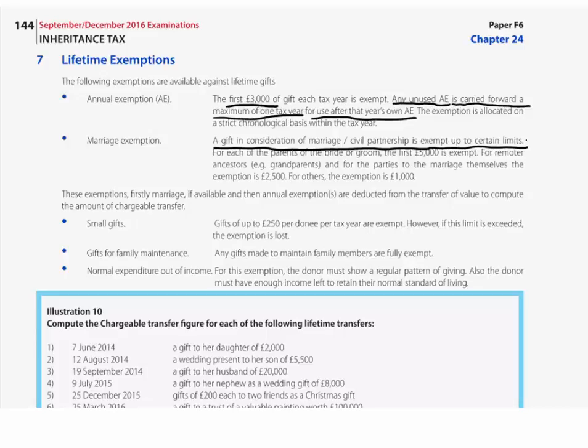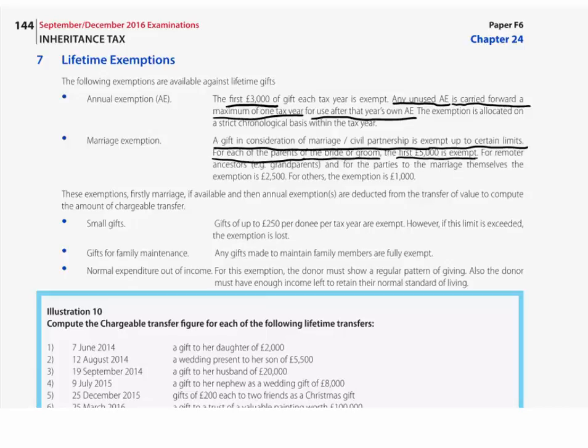Now, this will depend on the relationship of the donor to the donee. So, to begin with, for each of the parents: if the donor is a parent, their child is getting married, so a parent of the bride or groom, then the first £5,000 is exempt. So, the first marriage exemption we need to know, £5,000, is a gift by the parent to their child, who happens to be either the bride or the groom.